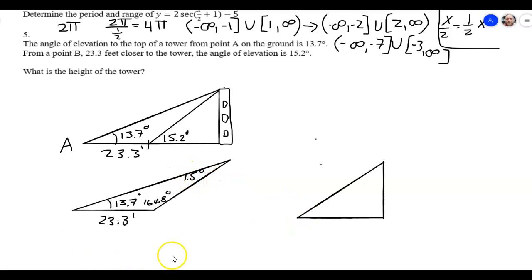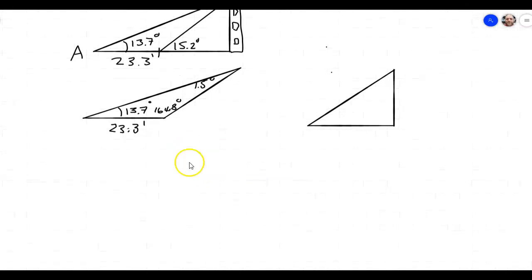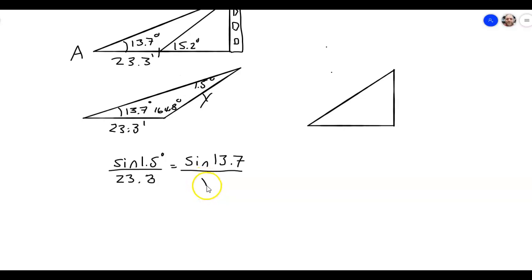And then using the law of sines, I know that the sine of 1.5 degrees over its opposite side, which is 23.3, has to be equal to the sine of 13.7 over my y. And remember I'm trying to find this side here because it's the same as this side over here. That's what I assigned as y.